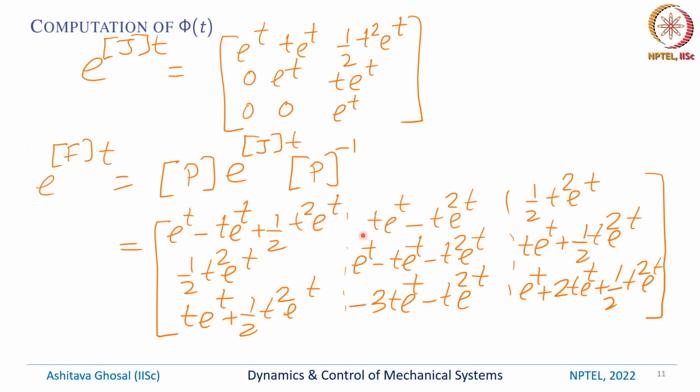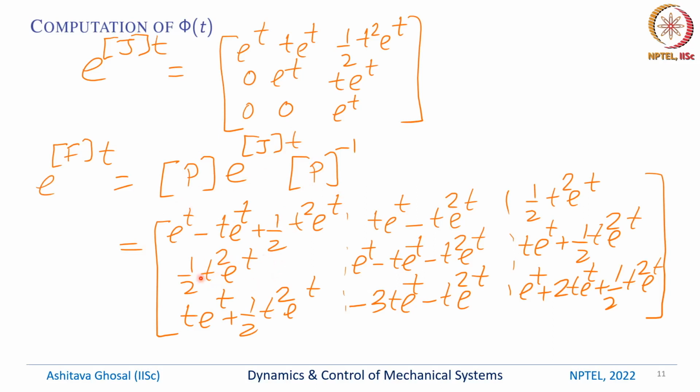So I don't want to go through each and every term, but the first term is e to the power t minus t e to the power t plus half t square e to the power t. It is straightforward multiplication of P into e to the power Jt into P inverse, and then you find the 1, 1 term.